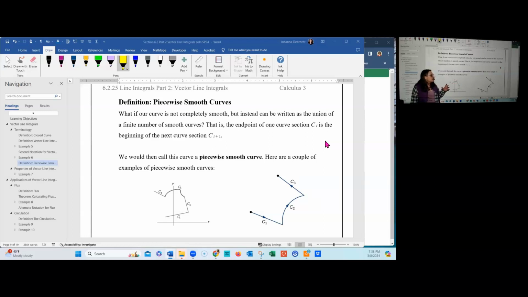We can find the value of a vector line integral much the same way we would do with a scalar line integral. We evaluate the vector line integral on each of the piecewise smooth pieces and add the results together.